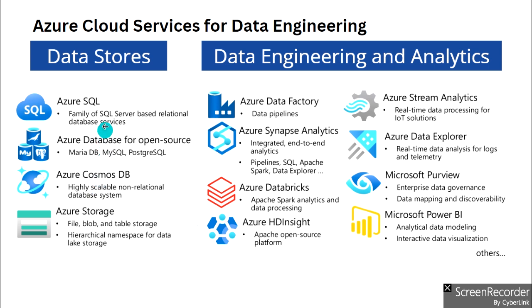These are basically the list of 4 database services of Azure which you can use in order to store the data. Okay, now coming to the data engineering and analytics concept. So there are multiple tools or services you can say which are present in Azure in order to perform the analysis. Azure Data Factory is for data pipelining. Data pipelining means what? Pipeline anything from one source to another.